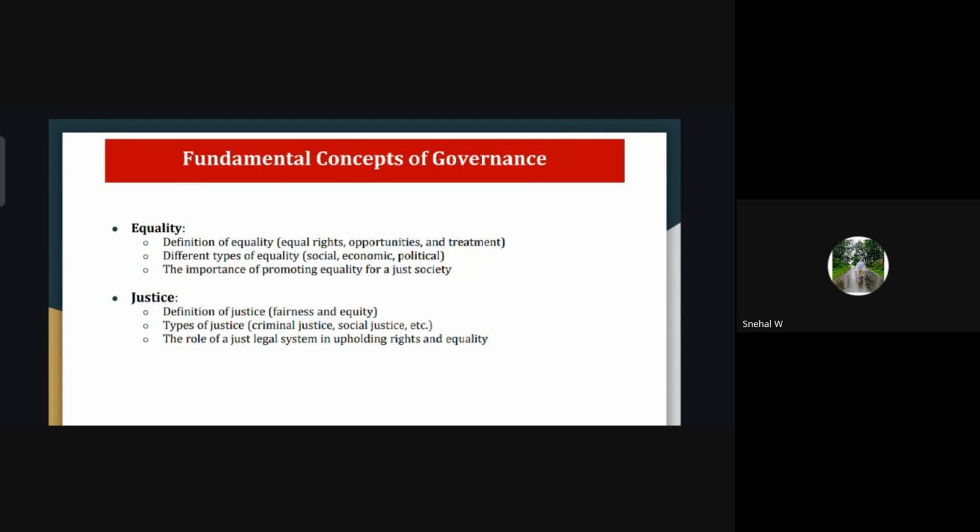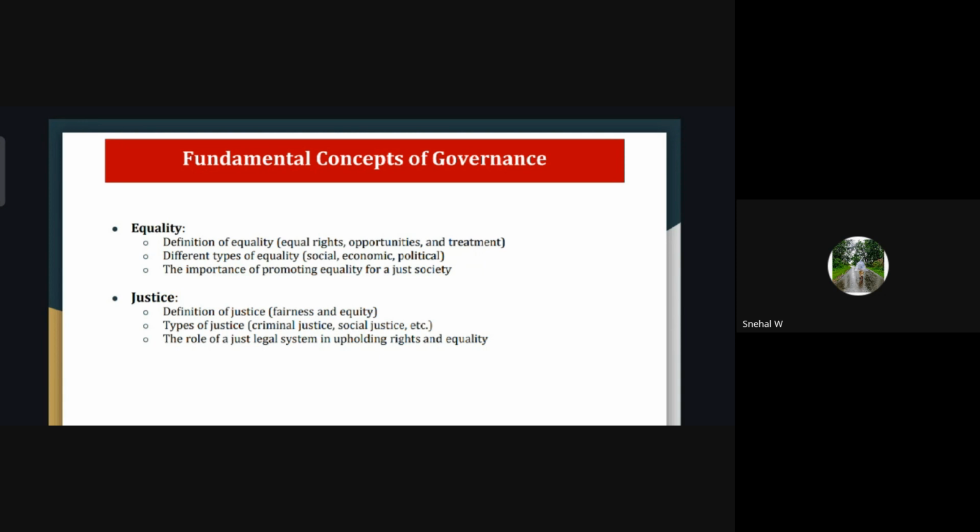When you do this comparative analysis, you will come to know that there is no political equality even today, right? Just around 15% women's representation is there in the Indian parliament, not more than that. Only 15%. Since independence till today, we have realized only this much in terms of women's empowerment in politics.